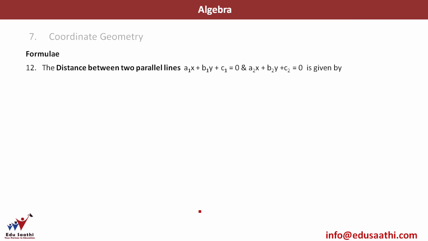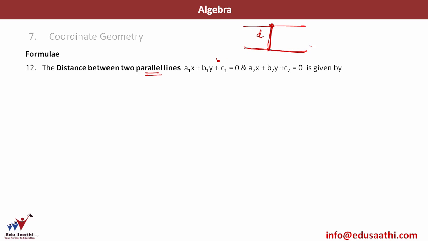Now, if there are 2 parallel lines given to me, parallel lines mean the distance between them always remains constant. So this distance is similar to finding the length of perpendicular from an external point to a given line.